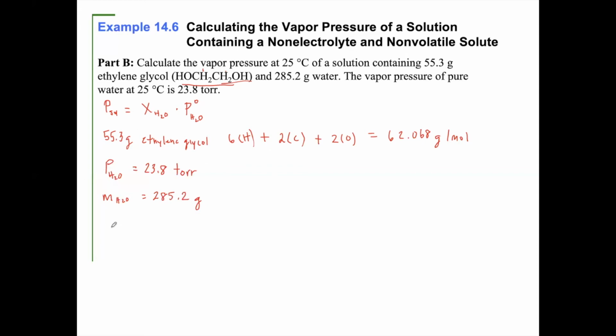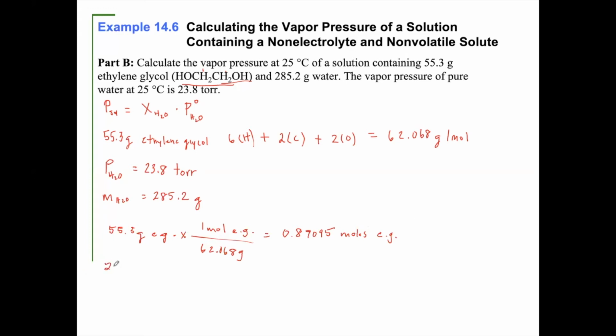If we've got 55.3 grams of ethylene glycol, just going to abbreviate it EG, and 1 mole of that is 62.068 grams, that means we have 0.89095 moles of ethylene glycol.